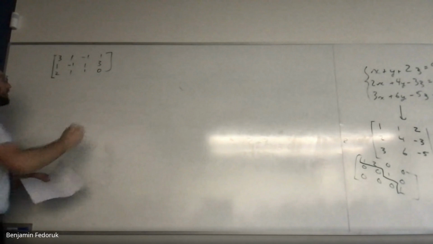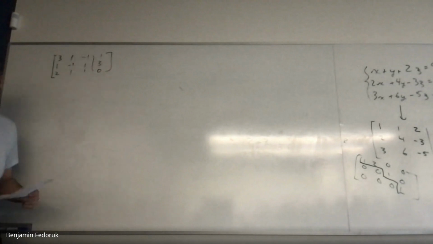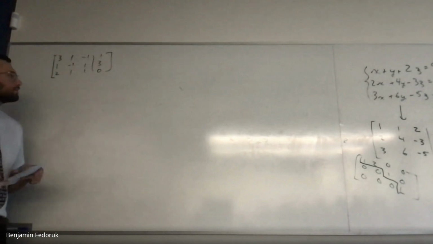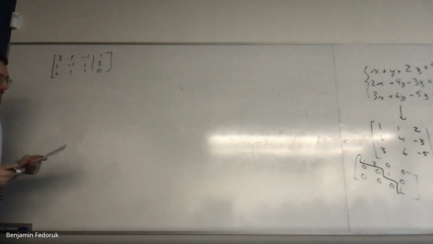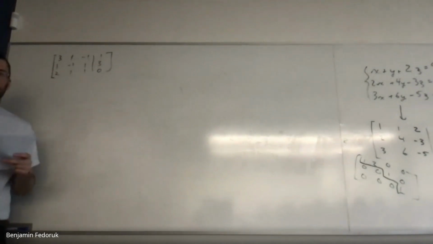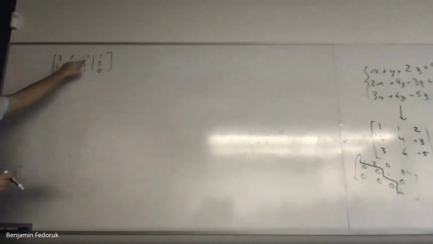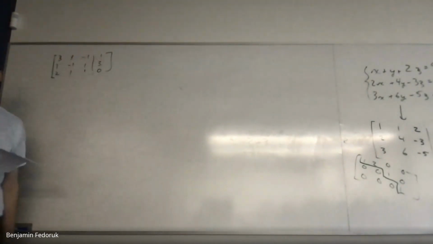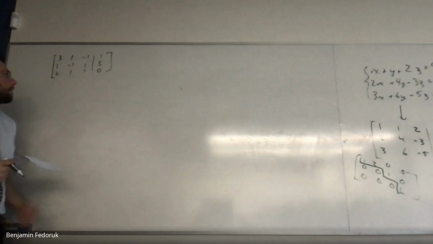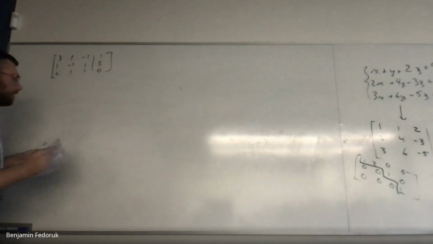Does that make sense? Good. So then I start with that matrix, and I want to figure out what the solution to that system is. It would have been like 3x plus y minus z equals 1, and so on. But I wanted to figure out what x, y, and z are.